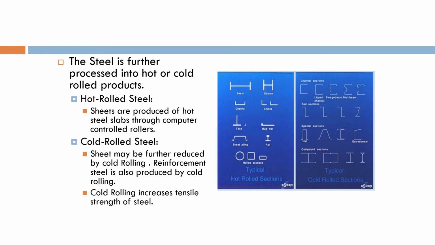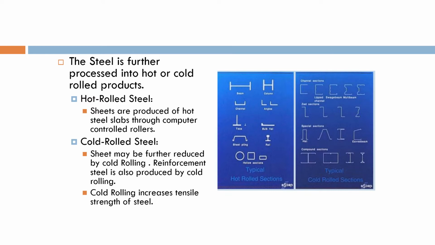The temperature at which it is rolled is more than the steel's recrystallization temperature, which means that there is a certain temperature after which the steel recrystallizes or starts taking its own shape of the molecule back. So this temperature over which hot rolled steel products are made is higher than that temperature.